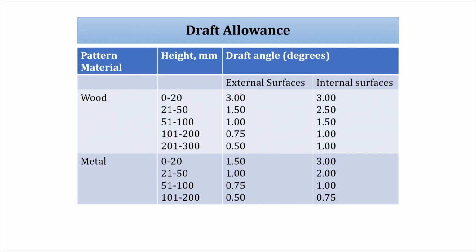So, if you are using a wooden pattern, there are different depths, how much depth you are considering, below the parting line or above the parting line in the cope and drag. Based on that, the angles are given in degrees. Okay. So, tan theta equals L by R, you can calculate tan theta, and you can multiply by the height.